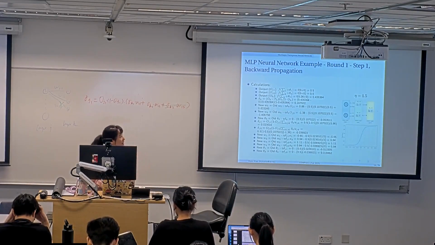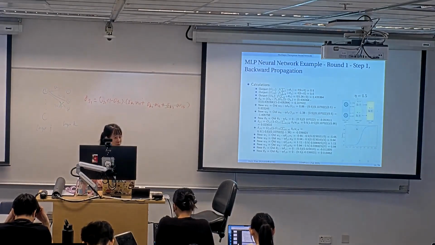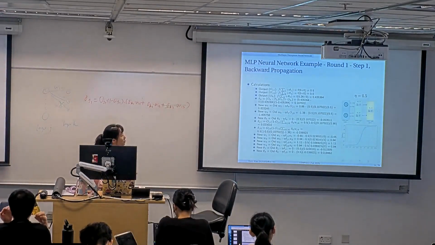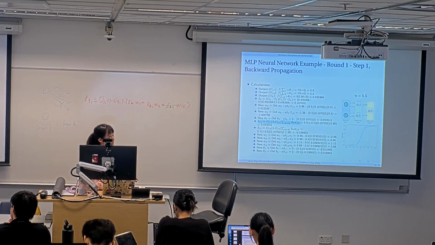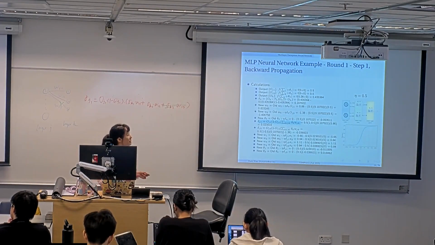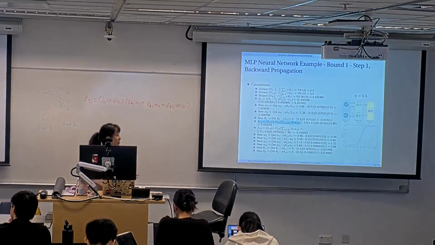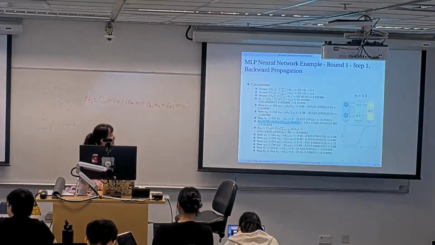Note that in our hidden layer, we have two hidden nodes. So we need to compute delta J1 and delta J2 for these two nodes because they're different. Delta J1 should be OJ1 times 1 minus OJ1, then times the sum of delta K times WJK.